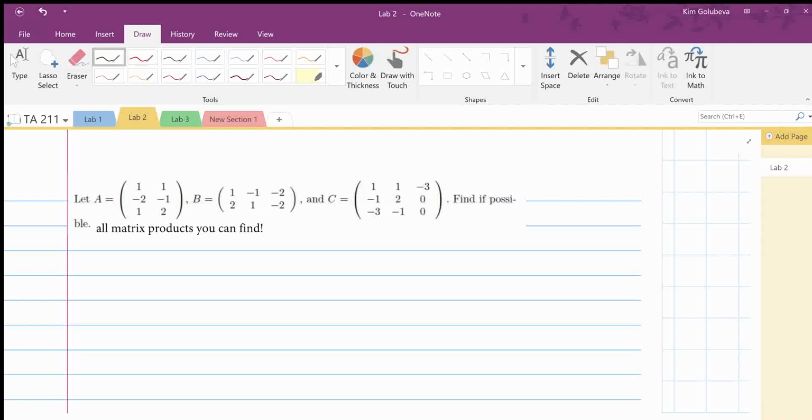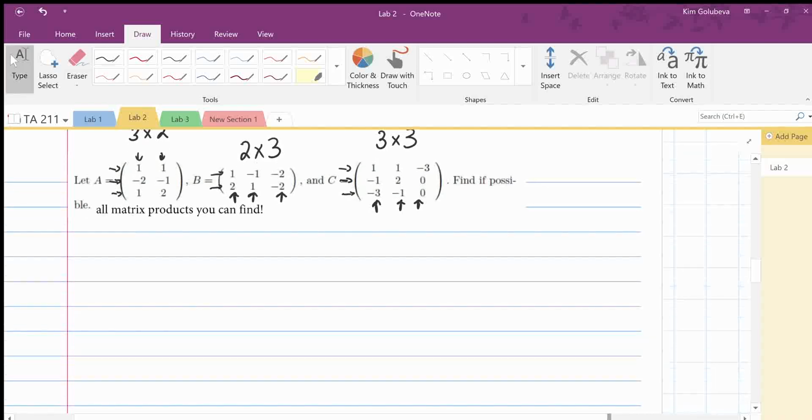The first one has 3 rows and 2 columns, so A is a 3 by 2 matrix. B has 2 rows and 3 columns, so this is a 2 by 3 matrix. And the last one has 3 rows and 3 columns, so this one is a 3 by 3 matrix.